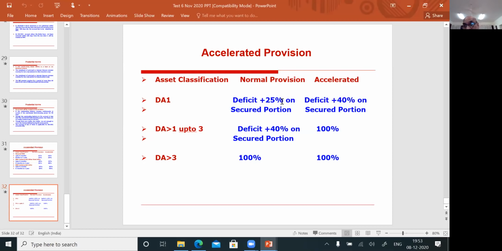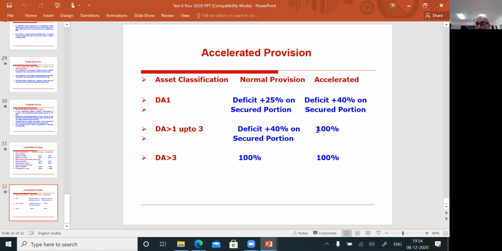This is called accelerated provision. Then DA more than 1 up to 3, that is DA2, DA3. What is the provision? Deficit plus 40% on the secured portion. Normally you have to keep that. Suppose you have not classified the account as DA more than 1 up to 3, and you have not shown it, it should have been shown like that. Had you not shown it, if the RBI inspectors find out, they will ask you to keep 100% provision on the liability, irrespective of any security available.